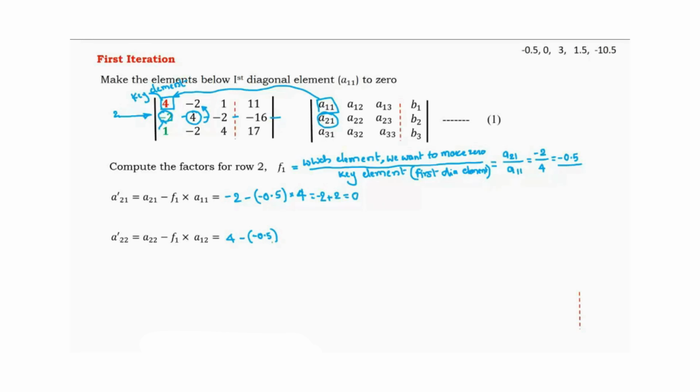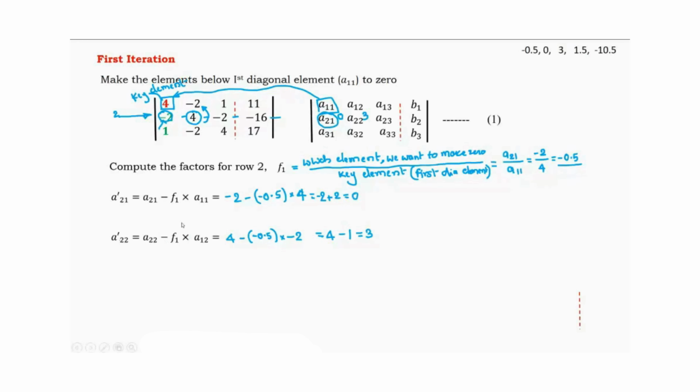The corresponding element from the key row is A12. What is the value of A12? A12 is minus 2. So this is equal to 4 minus 0.5, this is plus into minus, again minus, 0.5 into 2. So this value is equal to 3. So we have computed the new value of this as 3.